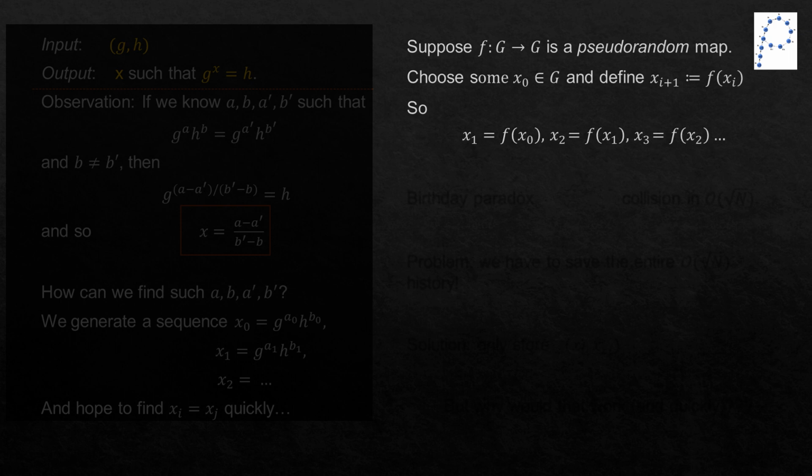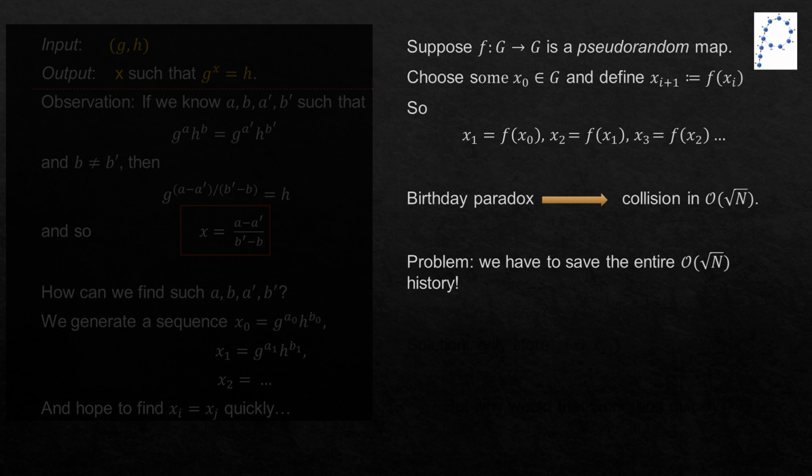And so the birthday paradox again implies that we get a collision in O of square root n. Same problem though, we have to store the entire sequence. And the solution to that seems cryptic at first.